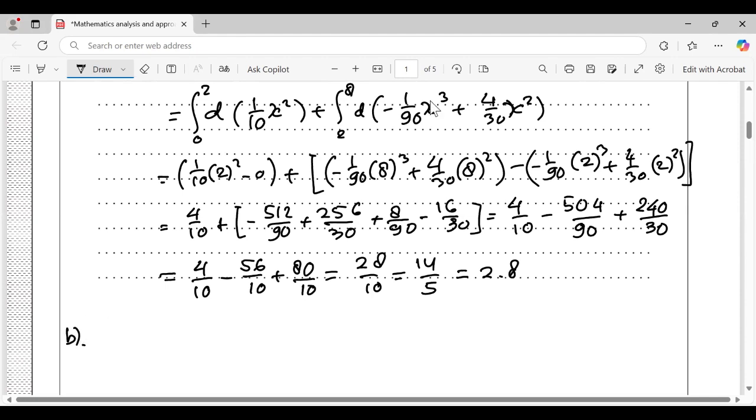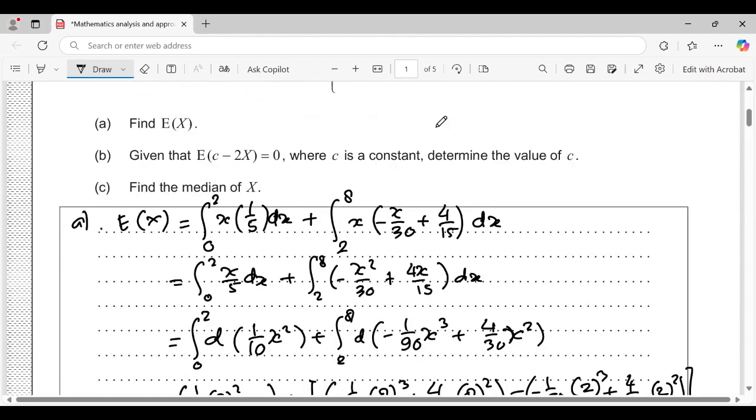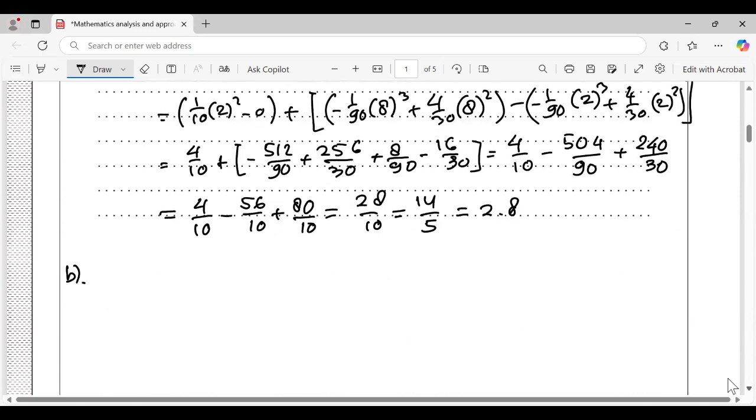Question B. Given that the expectation of C minus 2x equals 0, where C is a constant, determine the value of C. We use the expectation formula like this one: expectation of aX plus b equals a times expectation of X plus b.